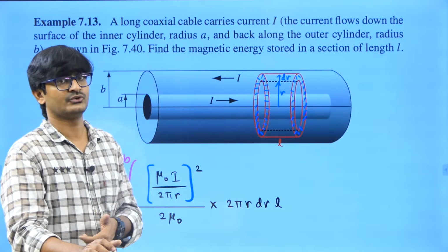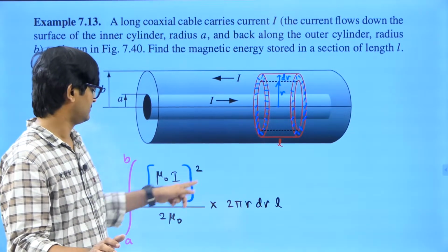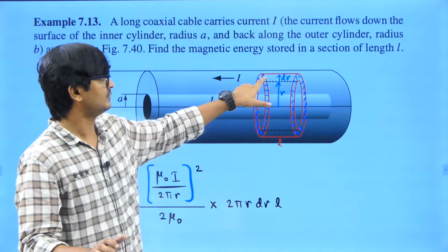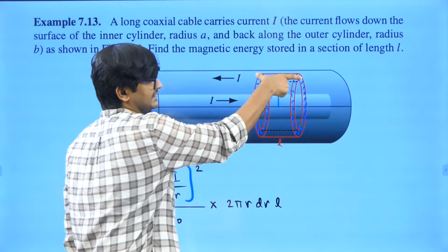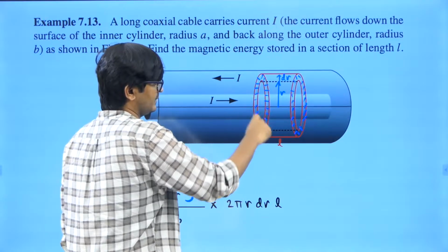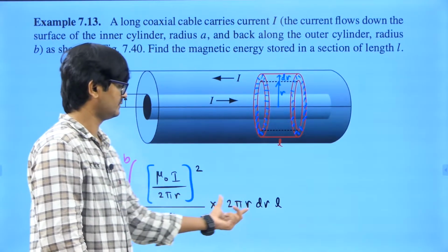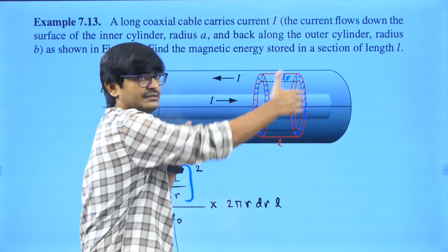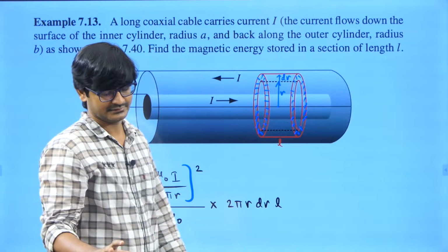B square by 2 mu naught is the energy stored per unit volume, into that volume. The volume is this area into this thickness. The thickness is L, and the area is 2 pi r into dr. So B square by 2 mu naught into area into length gives the volume, right? This is the energy stored in that shaded element.